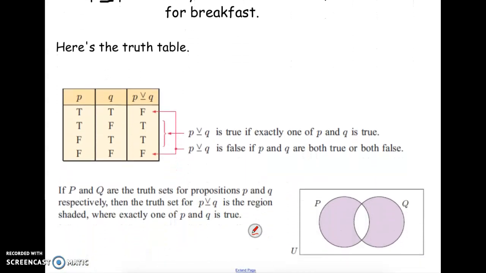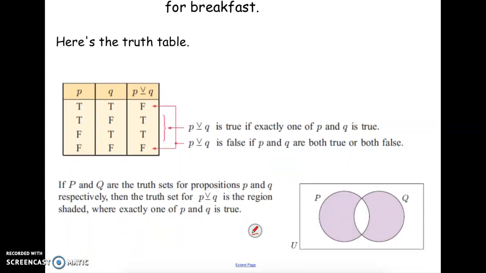All right, the truth table. We had on the previous video the help sheet for truth tables with conjunction, disjunction, exclusive. This just focuses on the exclusive disjunction. So notice that you want only one of them to be true.